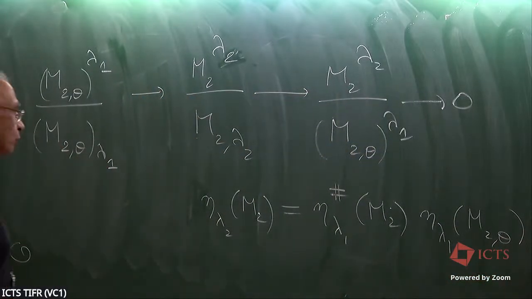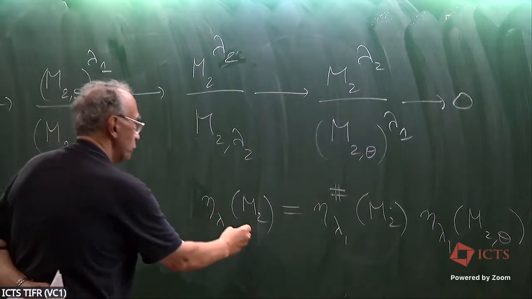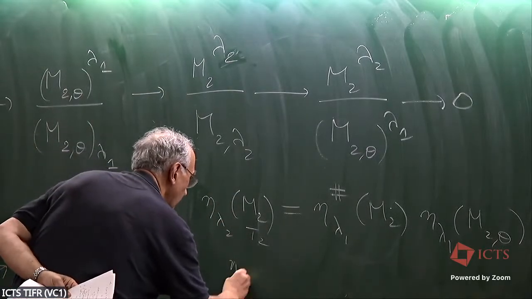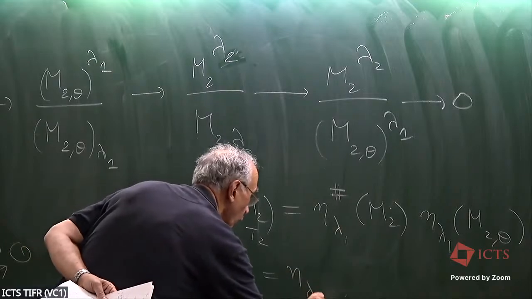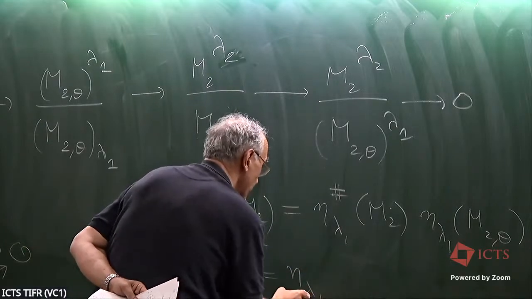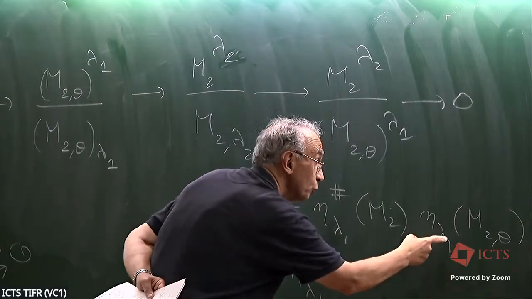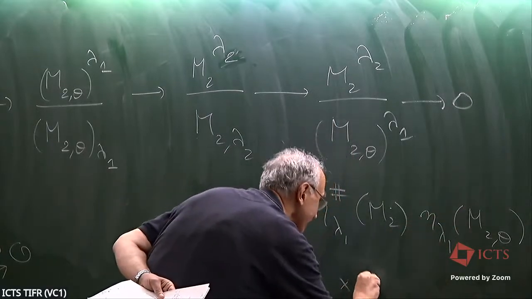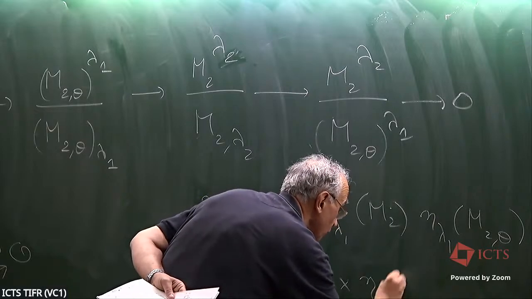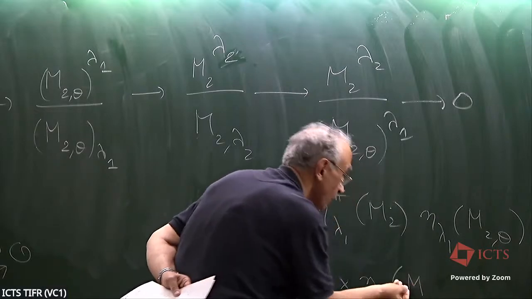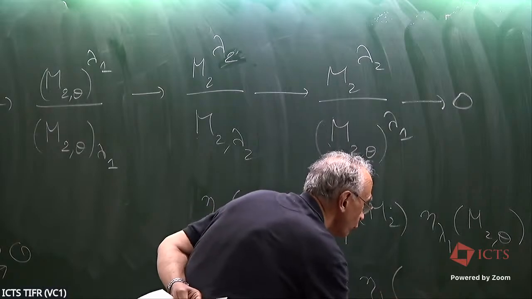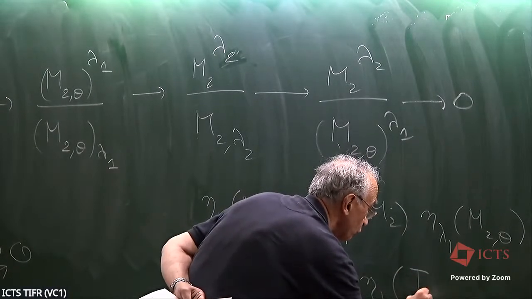In particular, if you take M2 to be T2, you get that eta lambda 2 is eta lambda 1 sharp times, unfortunately, this thing which is not exactly the Hecke thing; it is something associated to a module, which is, if you like, T2 theta.